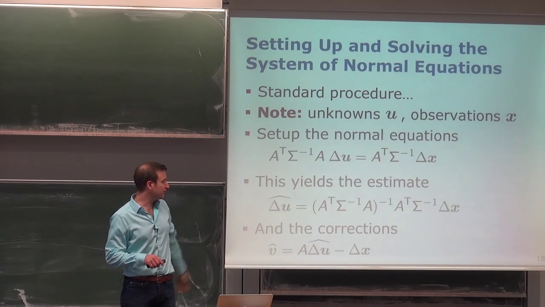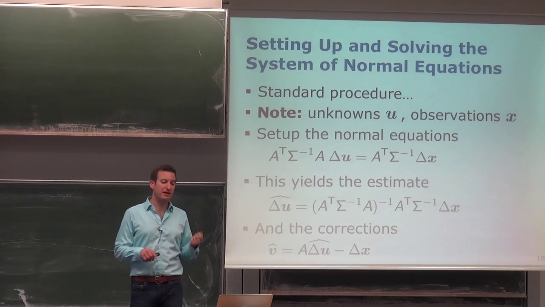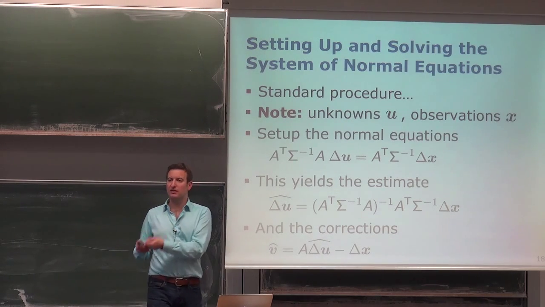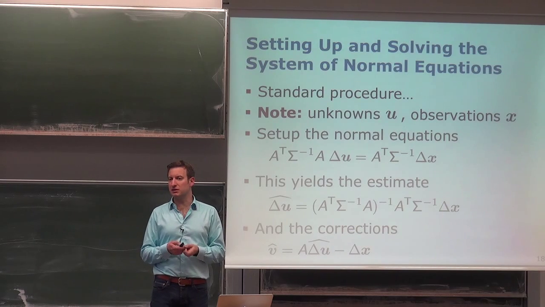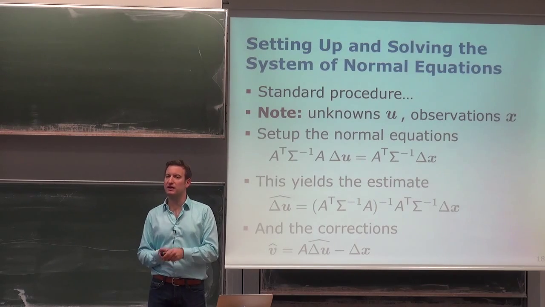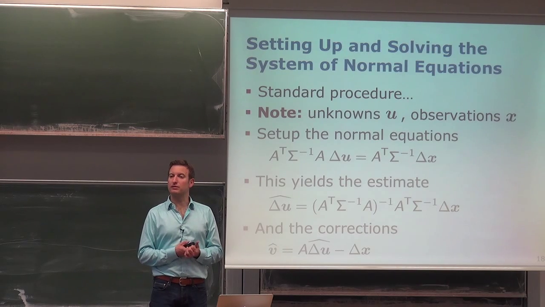It's the standard procedure for how I compute the updates for my unknowns, and I need to iterate this process because the projection is a nonlinear mapping, right? We have nonlinear functions involved, we have the rotation matrix in there, so it's a nonlinear process and we need to iterate over and over again.